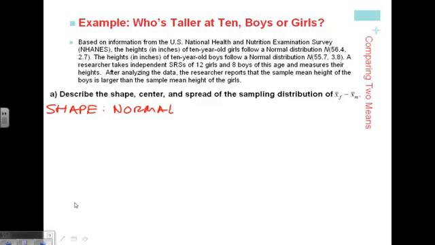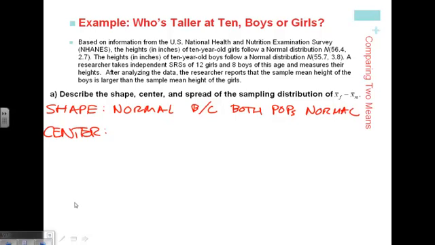Why? Because both populations are normal. Okay. Center. Point seven.